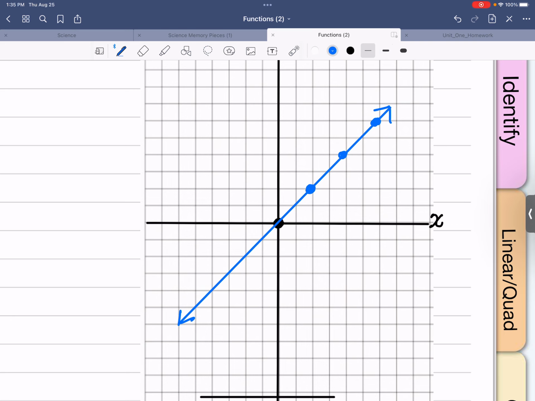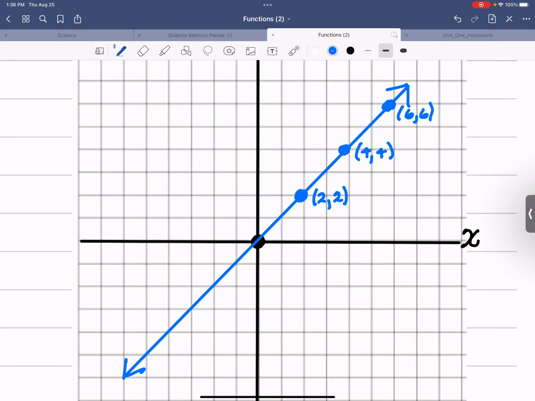So this center bullseye is 0, 0. We know that. This one is over 2. You always move on the x-axis first. So we're talking about moving over 2 squares and up 2 squares. Over 2, up 2. This one we have moved over 4, up 4. This one we have moved over 6 and up 6.